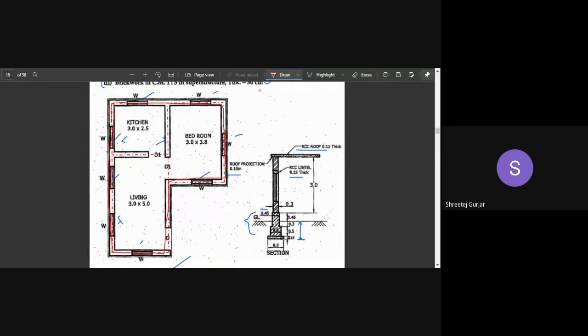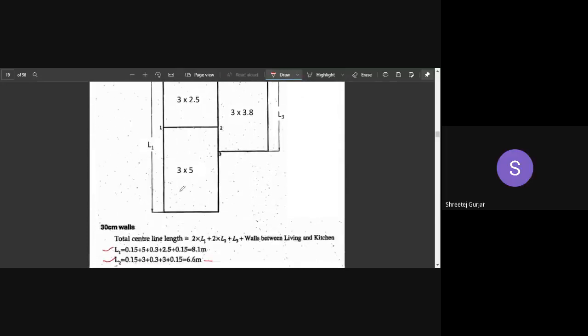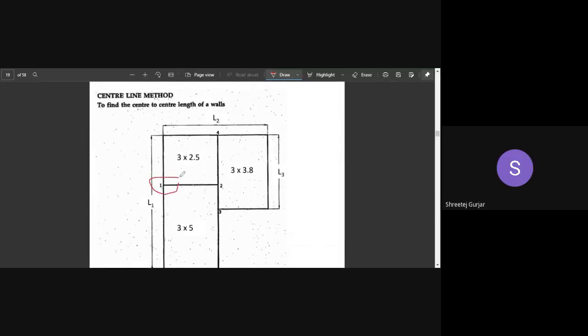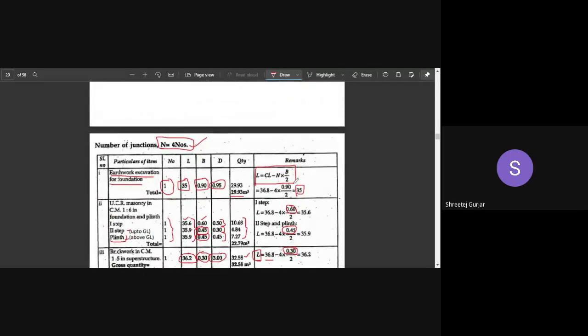If it is mentioned, what you have to do is calculate the center line, and that itself will be the length of your lintel, but you have to deduct the number of junctions. The same formula you have to use: L is equal to CL minus N into B by 2.